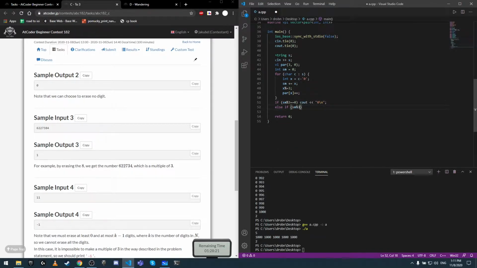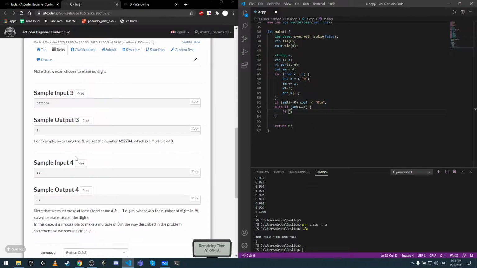Now if parity is 1, yeah, it can be impossible. It can be impossible, okay? We can handle it.